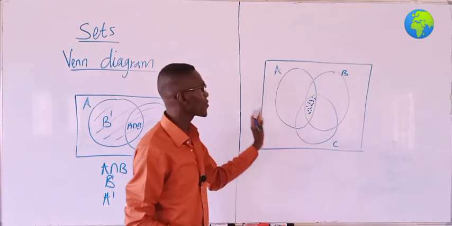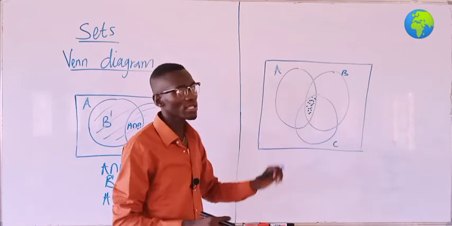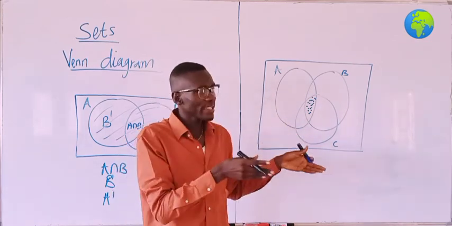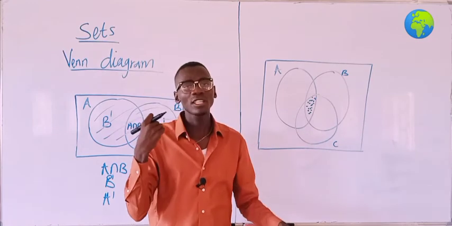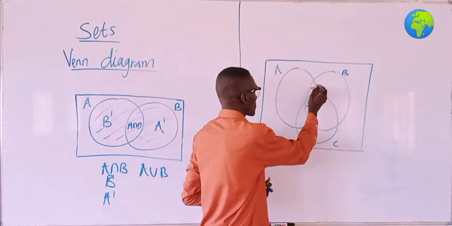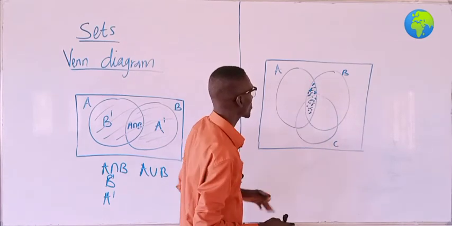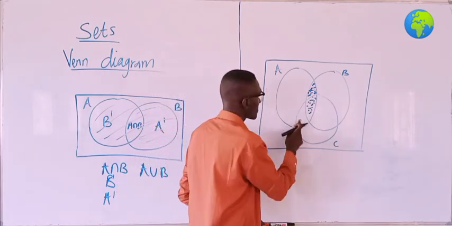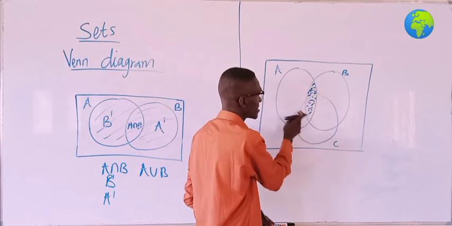So where is the point where it's just A and B that meet? Because when I have three sets, there's a possibility that two of the sets have something in common that they don't have with the other one, right? So where A and B meet alone is going to be this very point. So where do A and C meet? You can see clearly that this is the point where just A and C meet.